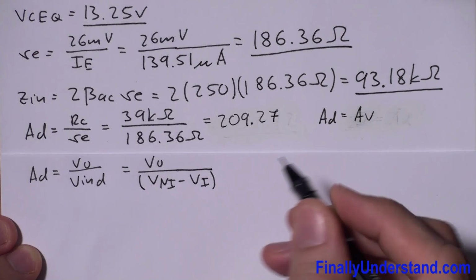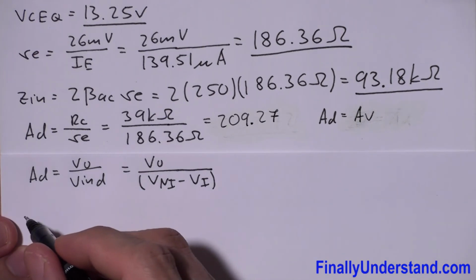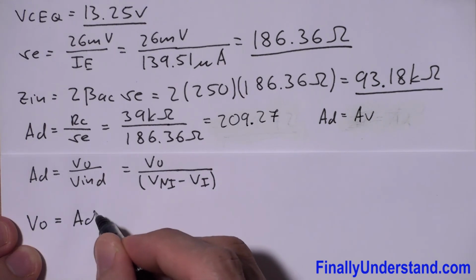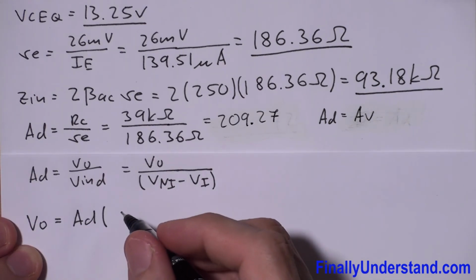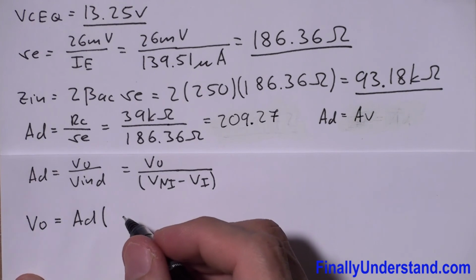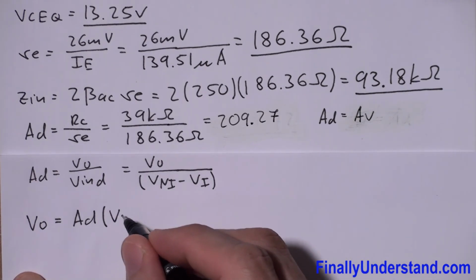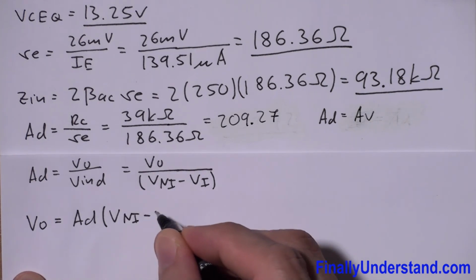Okay, so this is my differential input voltage. If you use algebra, you will find that Vout is equal to the differential gain times the differential input voltage. Okay, so we have VNI minus VI.